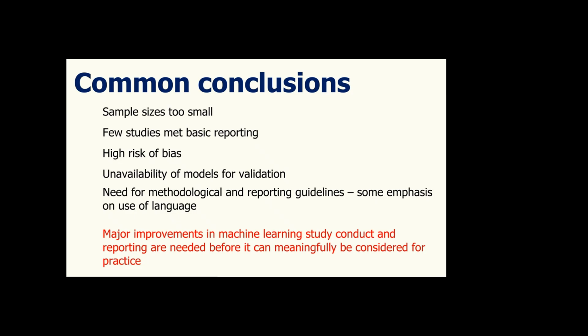A key one as well is the unavailability of the models for any kind of validation or replication work, which is a real problem. And there's a real need for methodological and reporting guidelines with some emphasis on the language that is being used to describe these models. And major improvements in machine learning study conduct and reporting are needed before it can be meaningfully considered for practice.